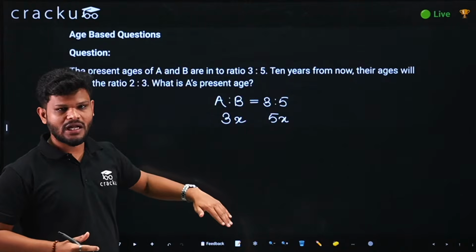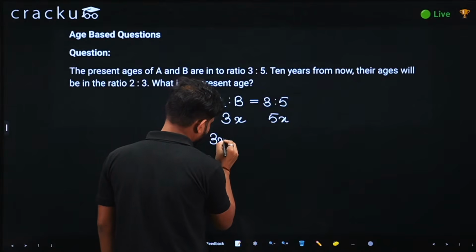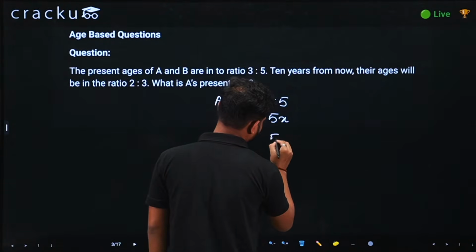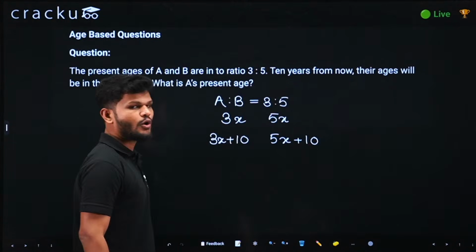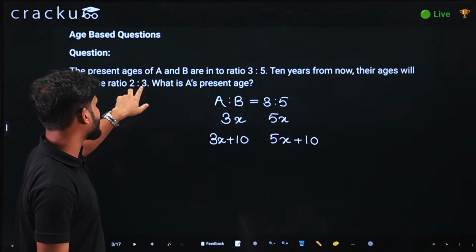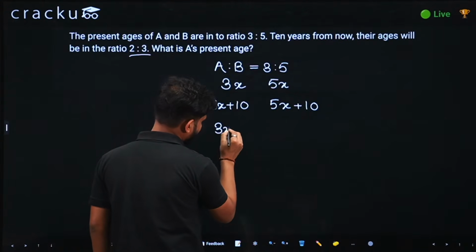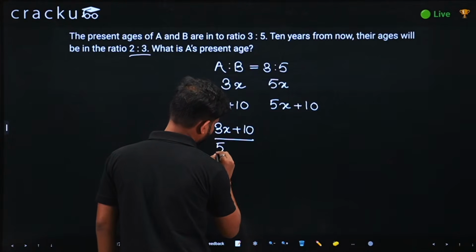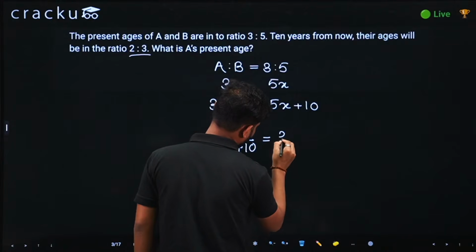10 years from now, what will be the age of A? It will be 3x plus 10. What will be the age of B? It will be 5x plus 10. Right? Now you are told after 10 years the ratio of their ages is 2 is to 3. So 3x plus 10 divided by 5x plus 10 is given as 2 by 3.